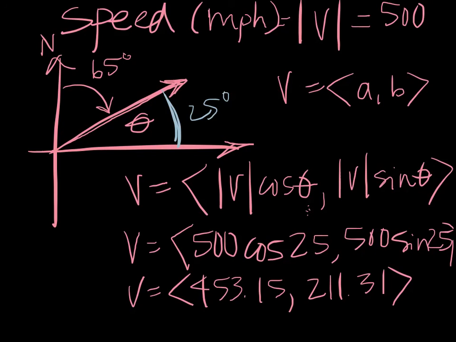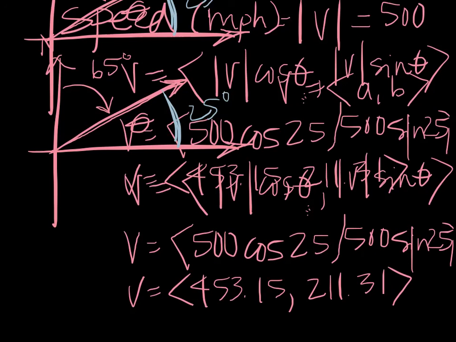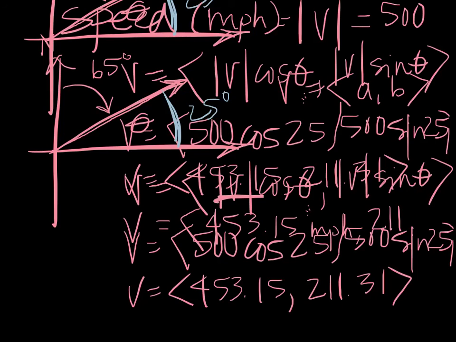Okay, now let me talk about what this really means. What this answer means is that my plane is going 453.15 miles per hour eastward, because this is your x coordinate, and then I'm going 211 miles per hour northward.